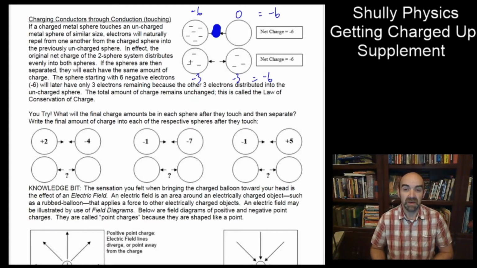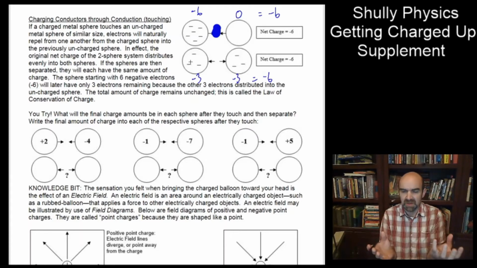Now, in reality, something does happen when you bring 2 negatively charged objects together. If they're conductors, there is going to be a little bit of induction that goes on. Those electrons will tend to move towards opposite sides, so there might be a redistributing of charge. After they touch, they will definitely repel no matter what.